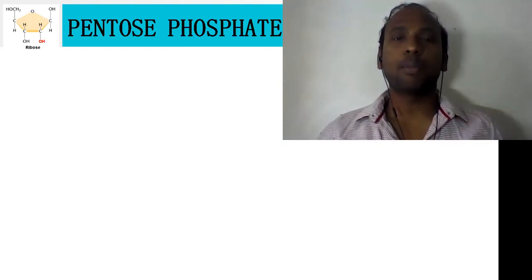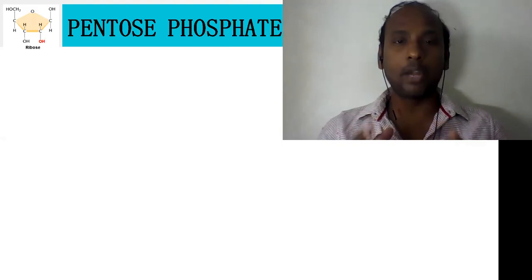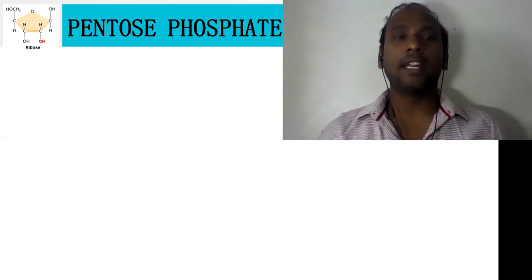But the pentose phosphate pathway, instead of generating ATP, is involved in the synthesis of certain biomolecules, which can be made from the intermediates of this pathway.